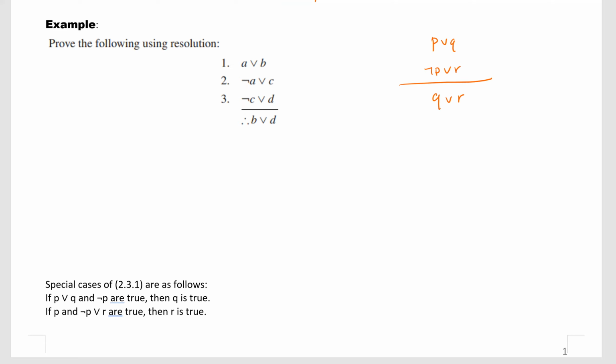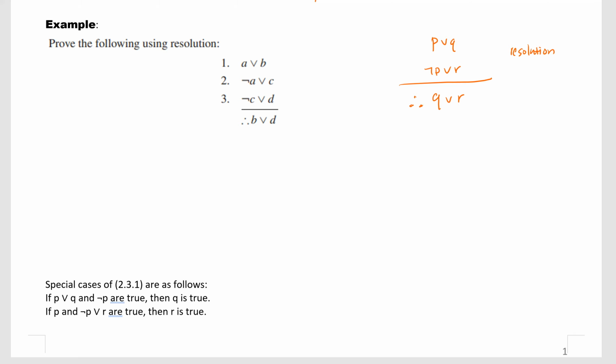Well, I remember it like this. You see the P and not P, they kind of cancel out, so you are only left with Q or R. Okay? So this is called resolution.